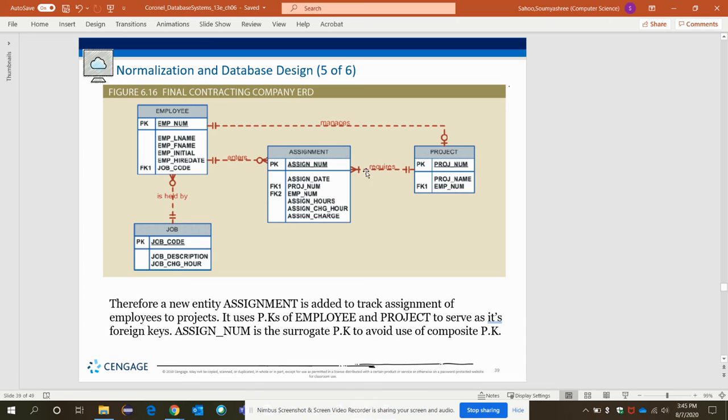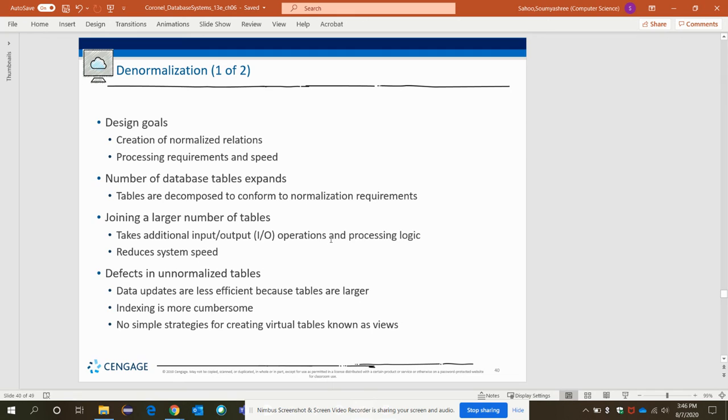You can add a third new entity called assignment, with the primary key assignment num. Now one employee can have many assignments, and one project can have many assignments as well. These are some of the design strategies.